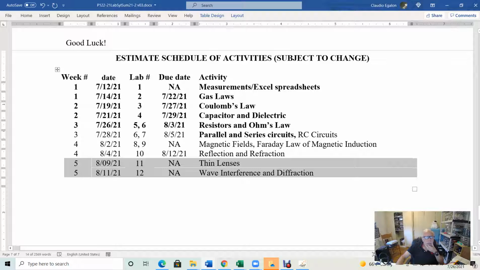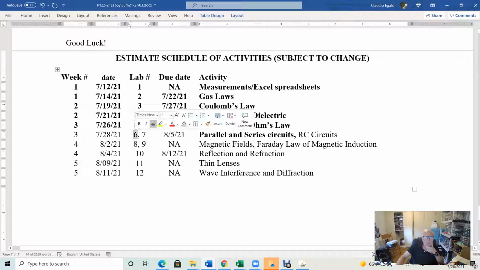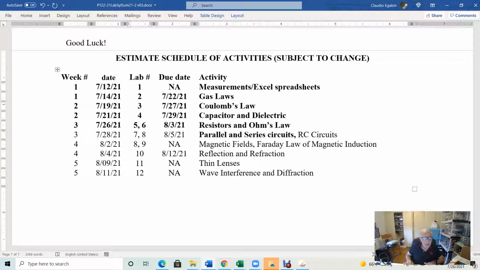So 5, 6, 7, 8, and then 9, 10, 11, 12. I will let you know which one we do not have a lab report. It's going to be either magnetic field or the Faraday law of induction.